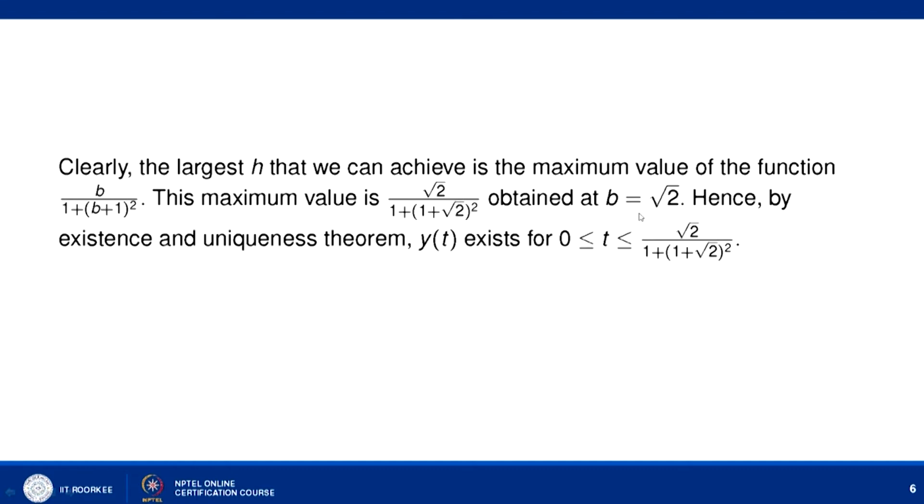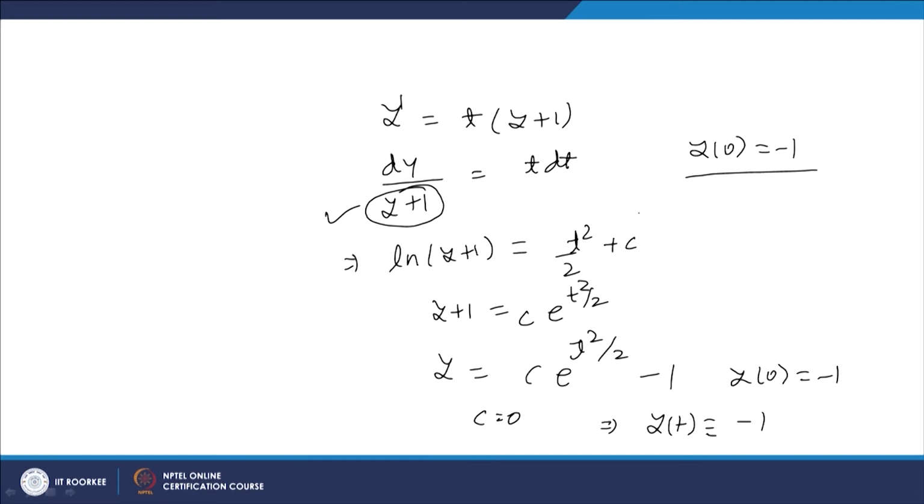For that, just look at your g of b; consider this as a new function of b. So, it is b upon (1 plus b plus 1) whole square, and we consider this as a function of b, and to find the maximum value of g of b with respect to b, we just differentiate this, g dash b.